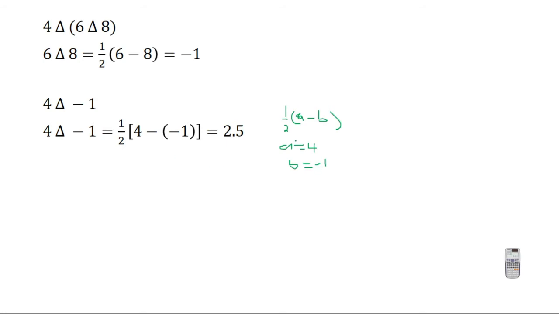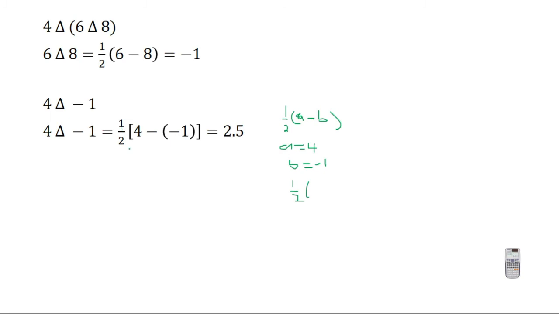But remember that there is already a negative sign here, so you replace A with 4, then the negative sign will come, but the B is also coming with another negative sign, so it's going to be 4 minus negative 1, and that is going to give us 4 plus 1.